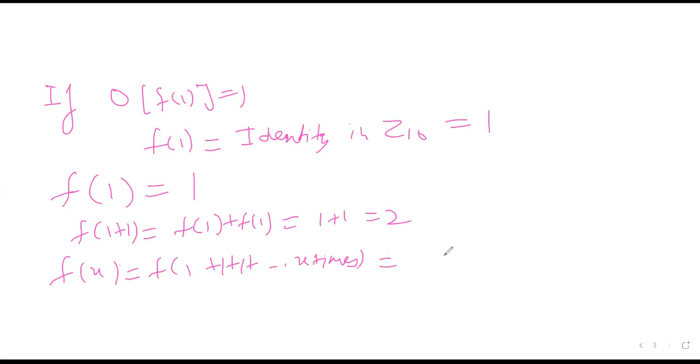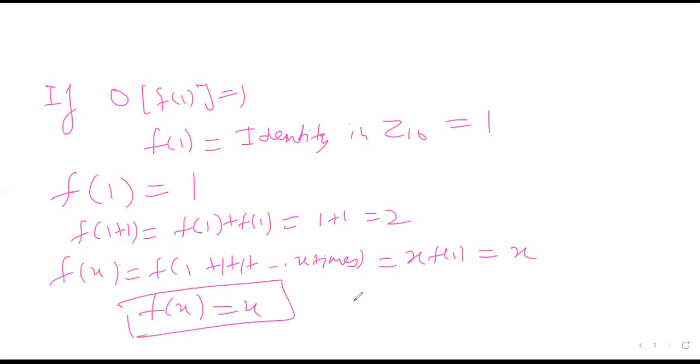It will be x times f(1), which is equal to x. So this is the identity map, f(x) equal to x, the first homomorphism, right? And I told you the number will be given by the GCD. The GCD of 10 and 15 is 5, so a total of 5 homomorphisms will be there. One homomorphism is f(x) equal to x.